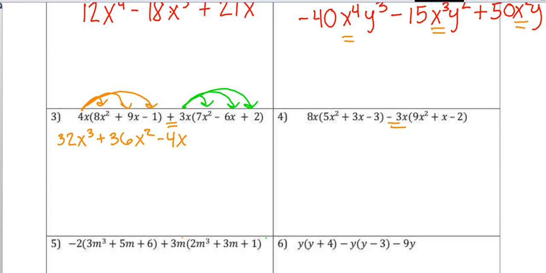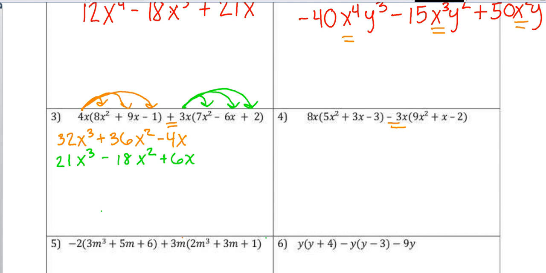when I'm doing a problem with addition or subtraction after having to multiply. So now when I'm multiplying in this 3x, I'm going to write it underneath, and it's going to be added so that I have 21x cubed minus 18x squared plus 6x.